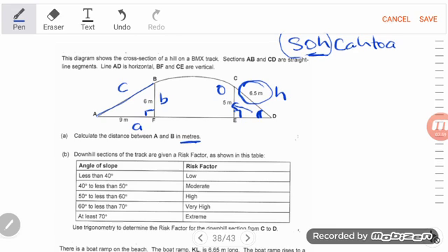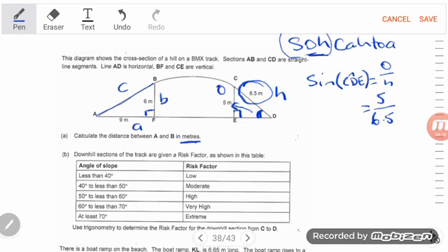So sine of an angle, so let's say sine of CDE, is equal to the opposite over the hypotenuse, which in this case is 5 meters over 6.5.